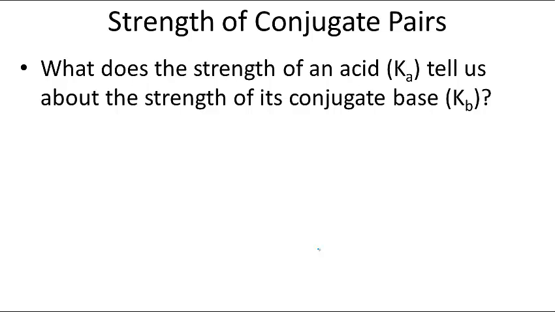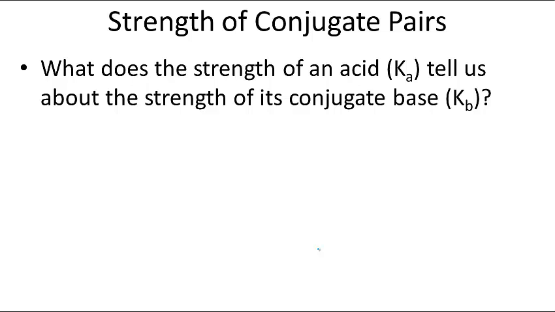Now, what if I'm a very generous H plus donor? So I have a proton in my hand, and I'm very willing to just give it away. Once I've given away the proton, what do I become? I become a negatively charged ion, and now you call me the conjugate base.